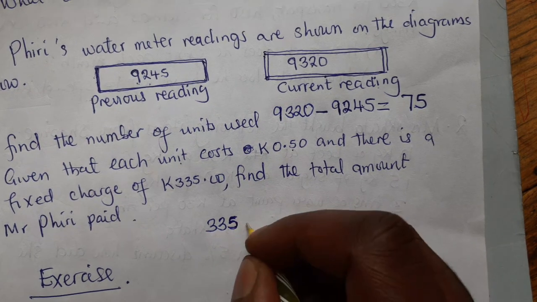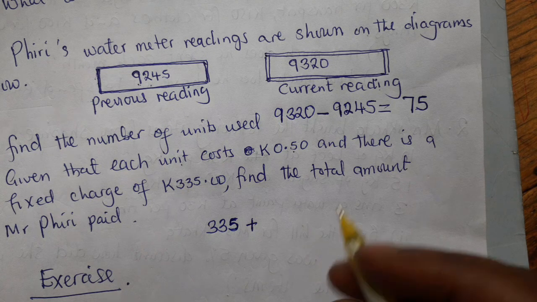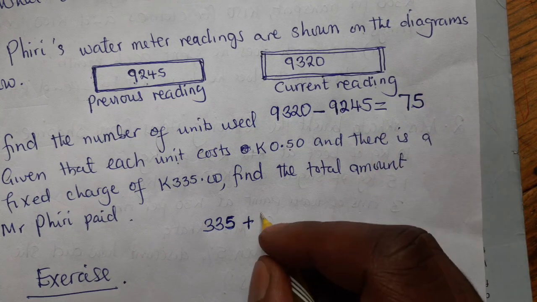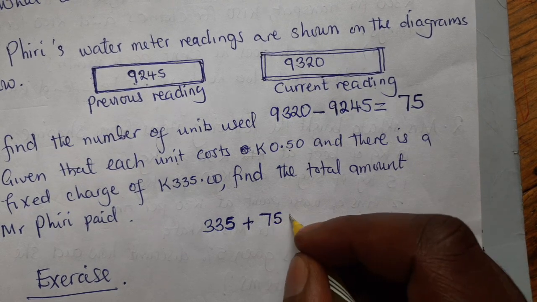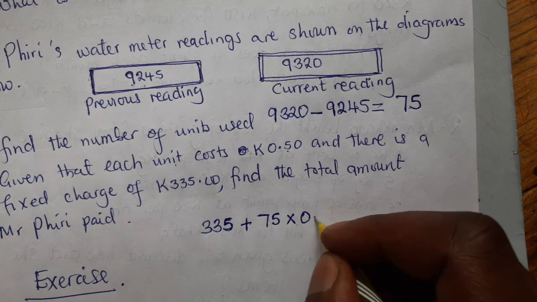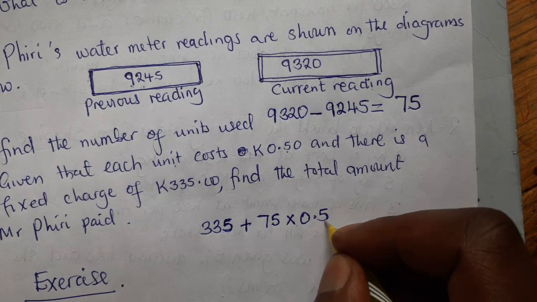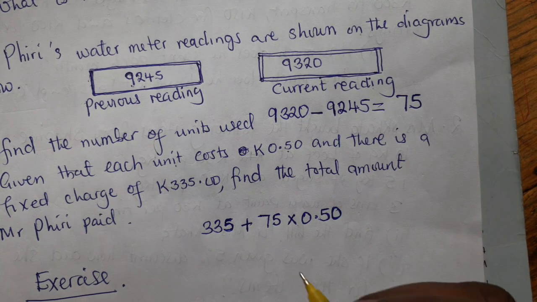It's fixed. Plus the number of units used here, there are 75, and each one of these units costs 0.15. What are we supposed to do?